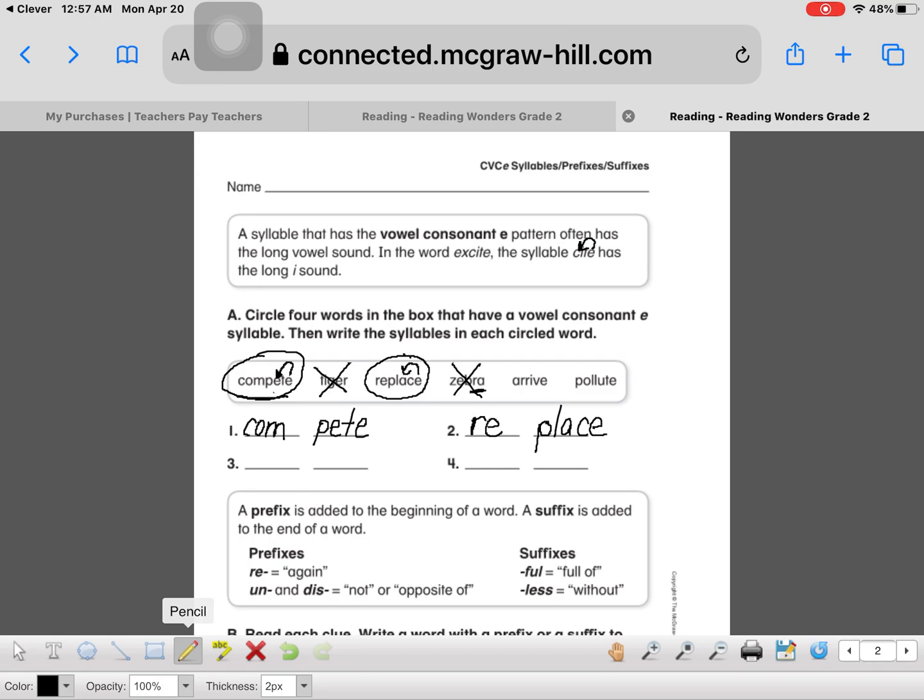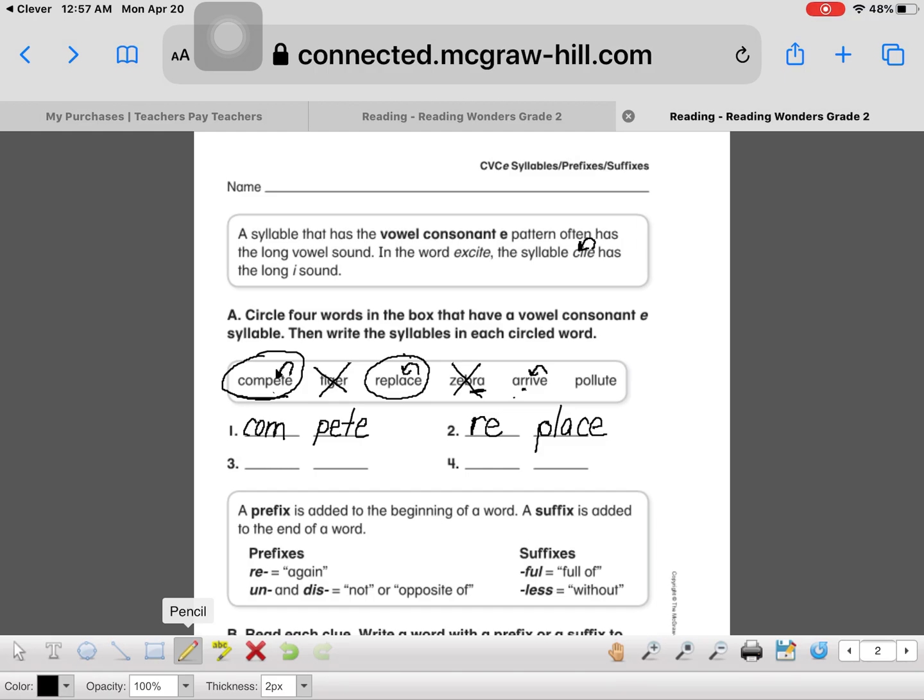Arrive. R, I, V. Arrive. Syllables. Arrive. Super E jumps over, tells that I to say I. So we're going to break this apart into syllables. And to break that apart, do you see the two R's together?